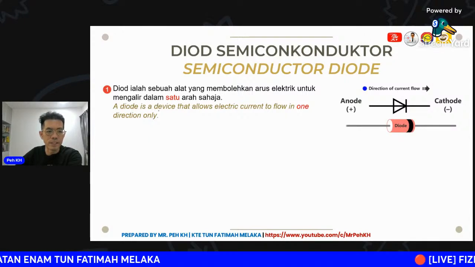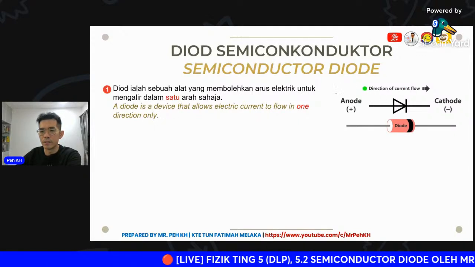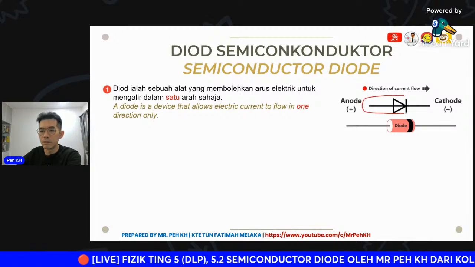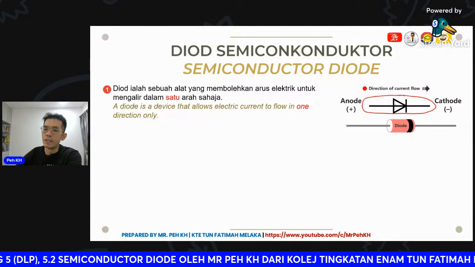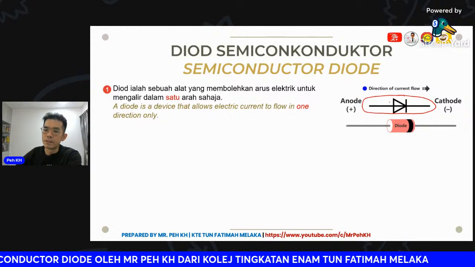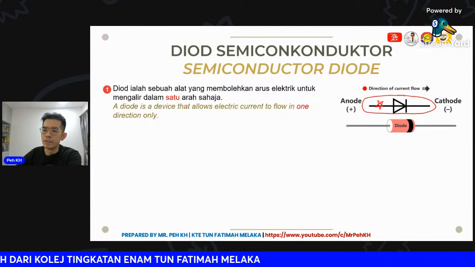A diode is a device that allows electric current to flow in one direction only. Okay, so you can look at the figure here. This is the symbol of the diode. Okay, so the anode will be here, and then the cathode will be in front of the triangle.